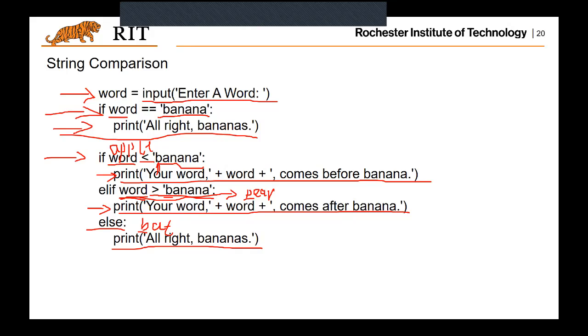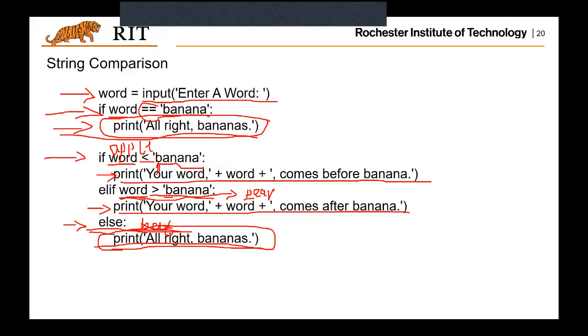Or you input banana. For example, if you put the word banana, this will also be satisfied, and this line will be printed as well. Of course, this one will be printed as well. So that's how it looks.